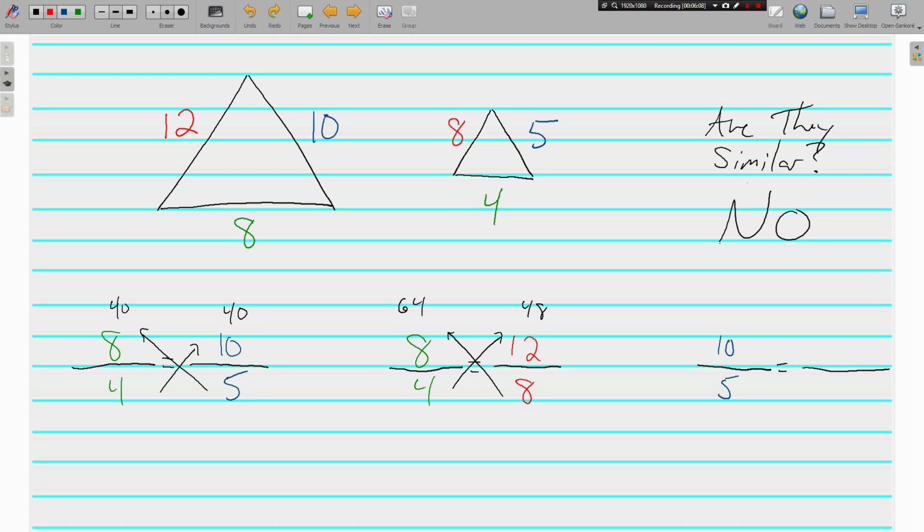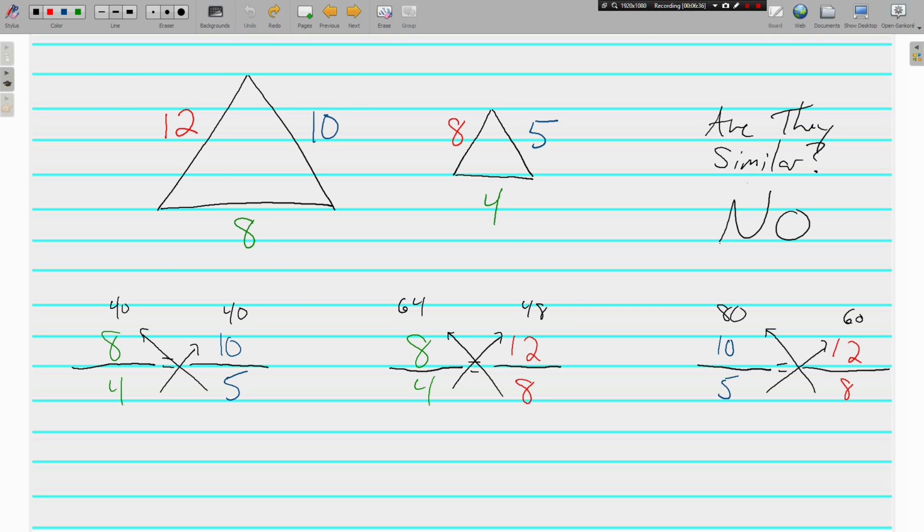Even though we already know that they're not proportional, I'm going to make sure. Here we have 5 times 12 is 60, and 8 times 10 is 80. So here we've got another one where they're not the same. All the pairs of corresponding sides must be proportional for the figures to be similar.